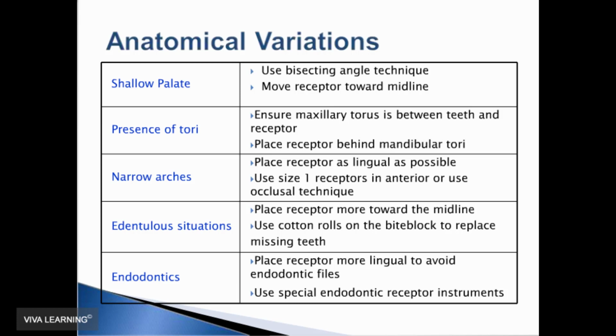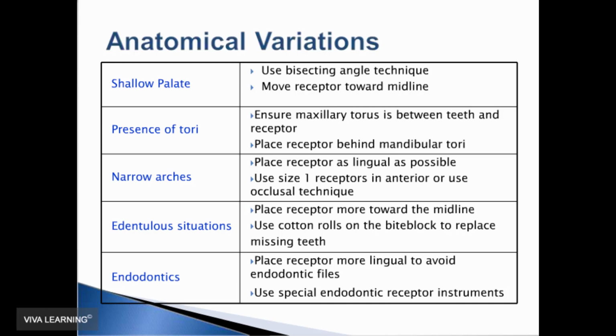I have a shallow palate, but I have bilateral mandibular tori. It's very easy to abrade a torus, and it's extremely uncomfortable if the receptor is placed on the torus. So it must be behind the torus, or if you're working around a maxillary torus, on the opposite side of the torus. And I'll show you some examples in just a moment.